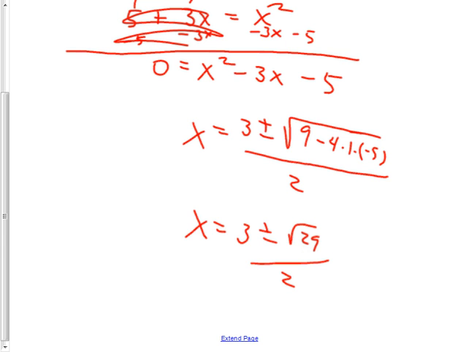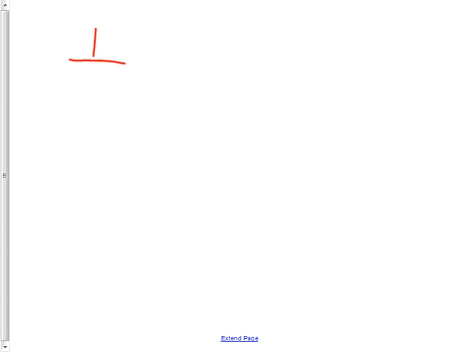All right, now we're going to step it up a notch. What if it was 1 over x plus 1 plus 3 equals 2x? Well, still, the common mistake here would be kids think, oh, I got to multiply by x and by 1. No, you want to multiply by x plus 1.